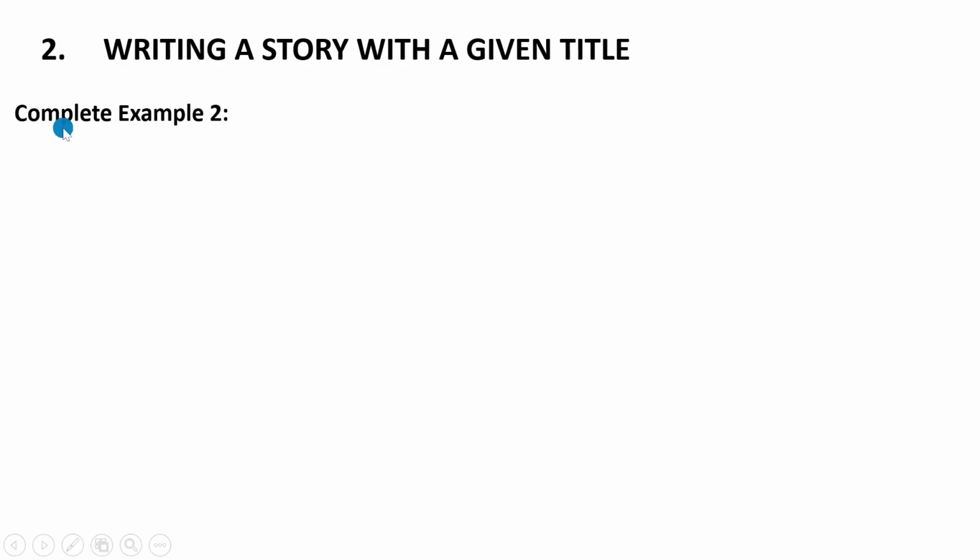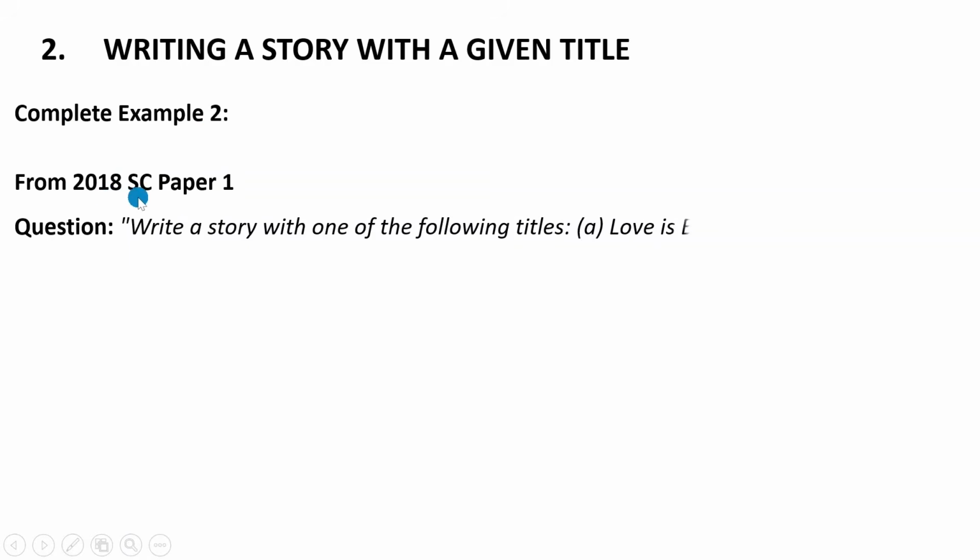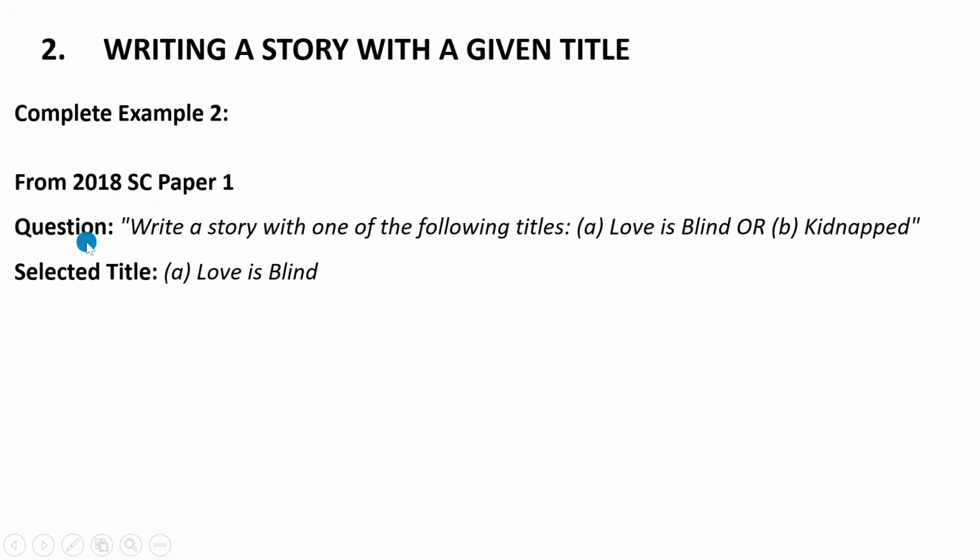So here is a complete example. We have a question from the 2018 School Certificate Paper 1. The question was, write a story with one of the following titles: A. Love is blind, or B. Kidnapped. So here in this example, we chose Love is blind.